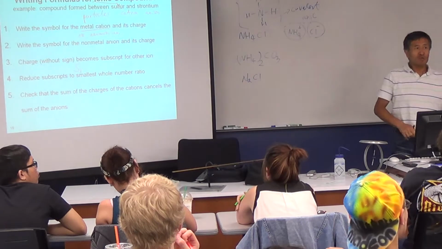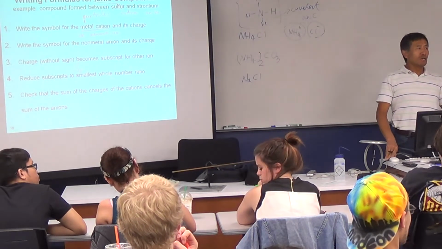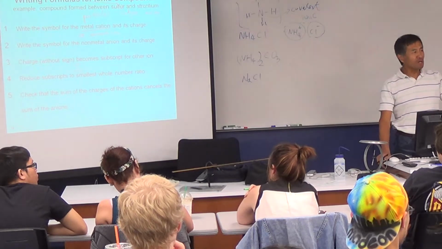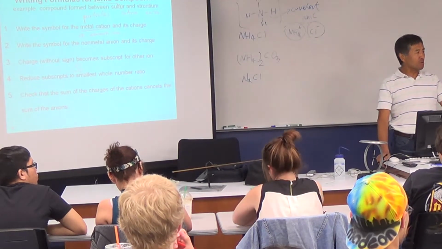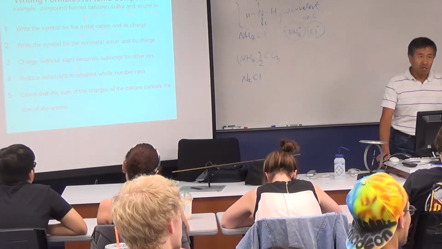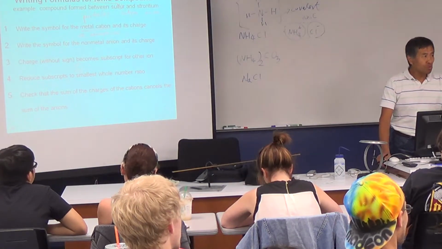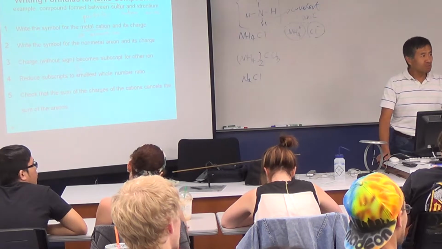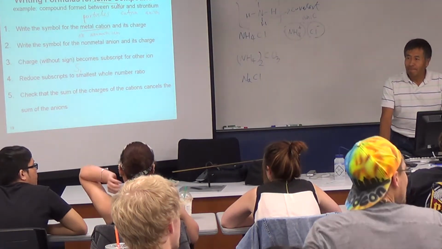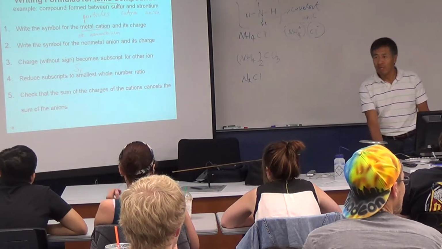Remember what we studied in Chapter 2 a little bit? For some of those metals, we can predict what their charge is, depending on their position in the table, right? So what do you do? Just use the A group number if you see those metals fall into this type. Will the metal always be the cation?